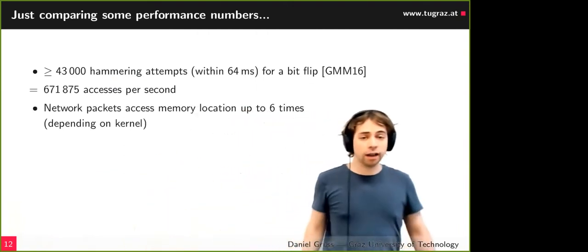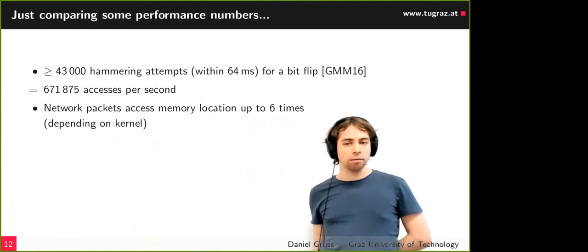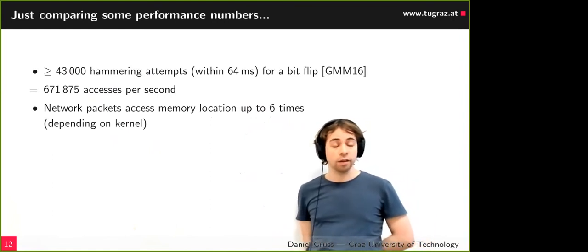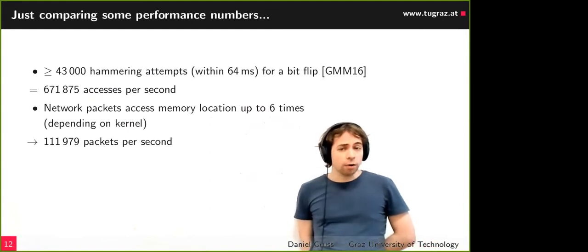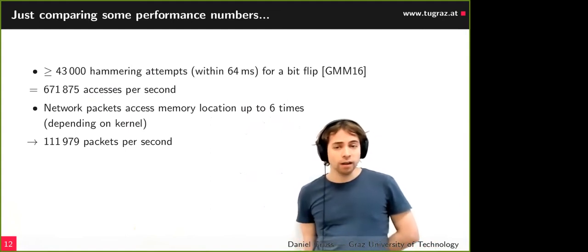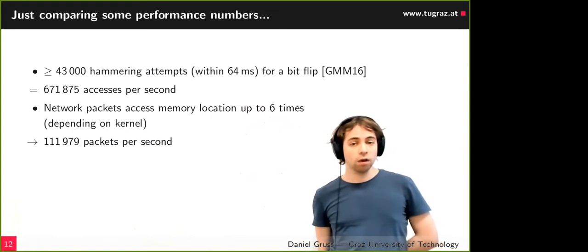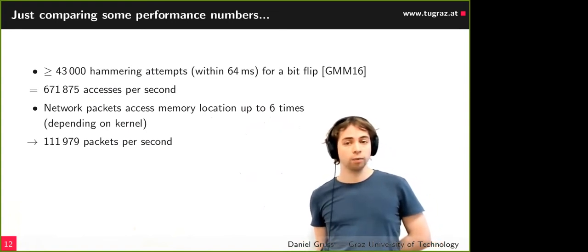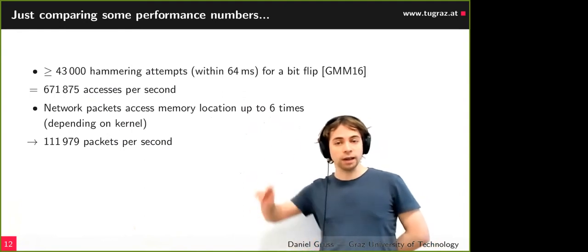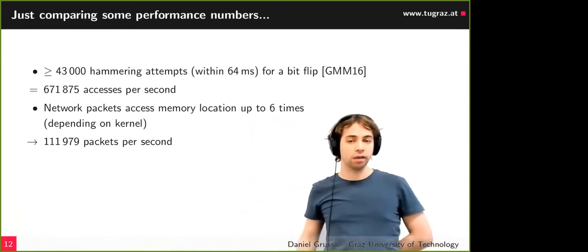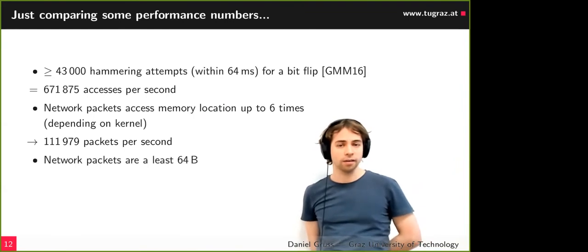Network packets, we looked that up in the Linux kernel, access the same memory location up to 6 times. That would mean that we would have to send something like 120,000 packets per second. And this would lead to something like 700,000 memory accesses per second.